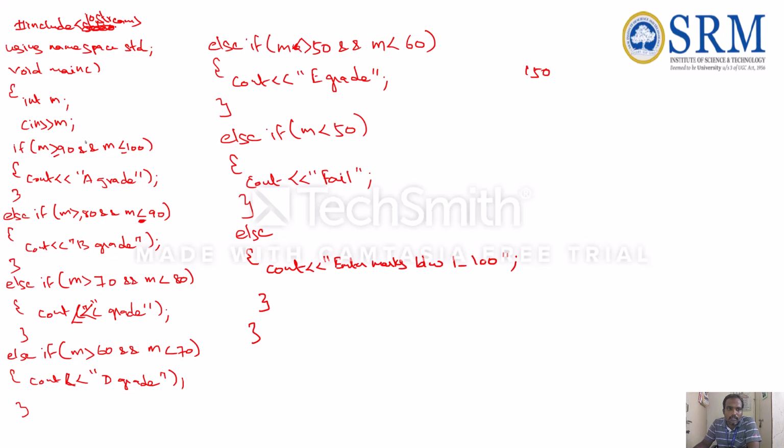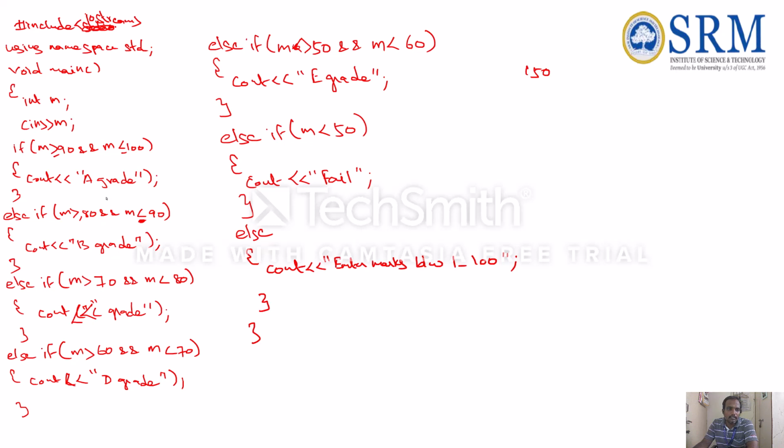If the mark is 95, this condition will be true, then it will print A grade. If the mark is 88, the first condition fails, then it will come here, check, this condition is true, then it will print B grade. It will check the conditions one by one.